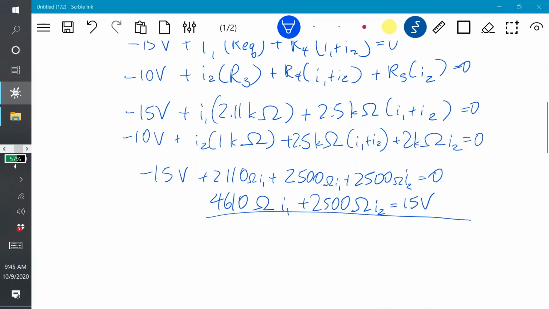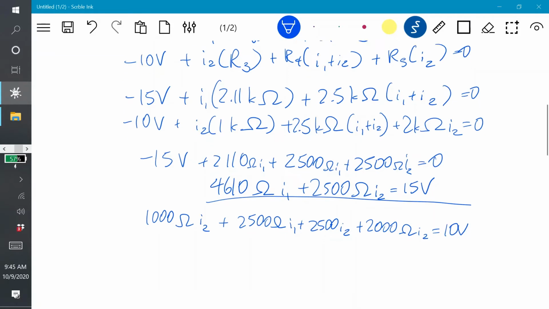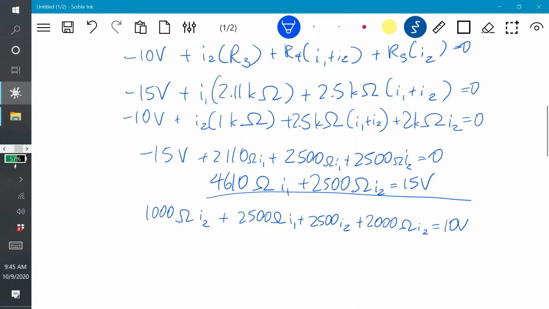That we need, and then we can do the same thing with the second loop right here. So we're going to have 1000 ohms I2 plus 2500 ohms I1 plus 2500 ohms I2 plus 2000 ohms I2 equals 10 volts. Alright, so now we can simplify.